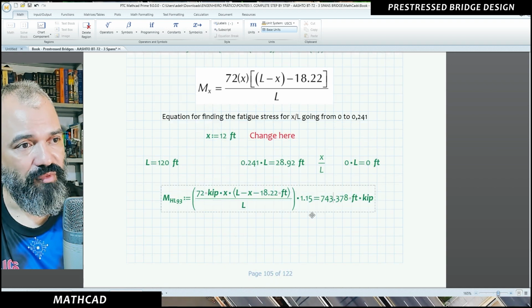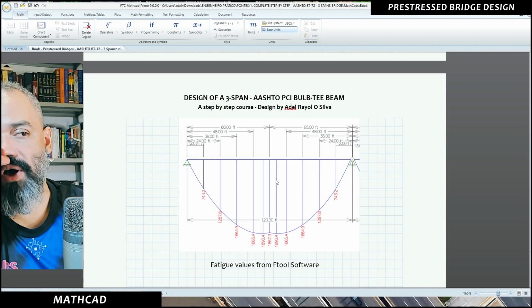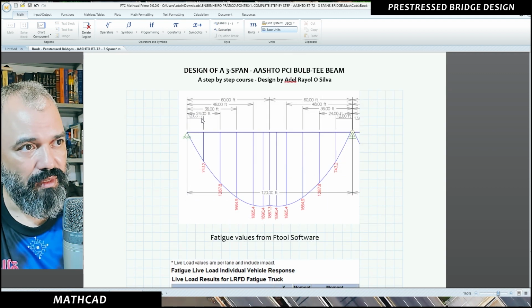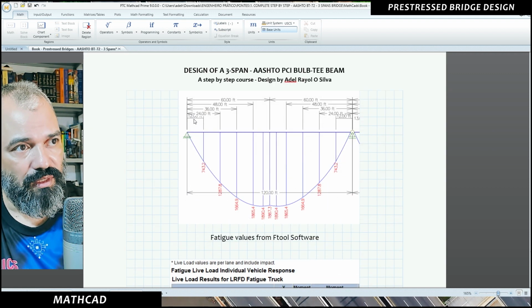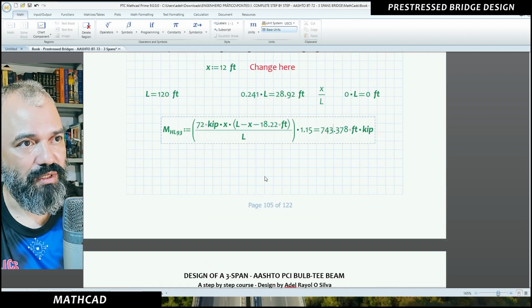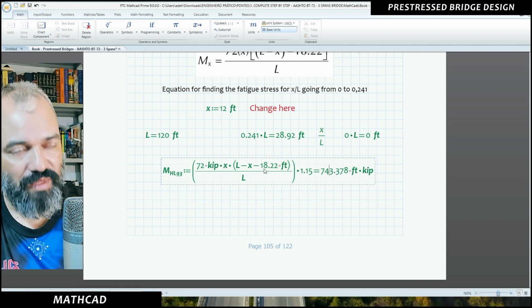So this is the value found. I can use it also in the F2 software. At the point 12 feet from the left support here, you can find this stress, 743.2 kips. So this is what we found using the equation.